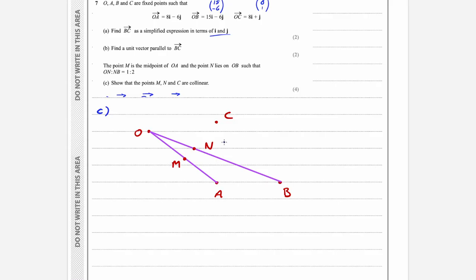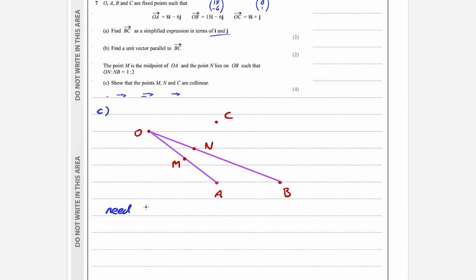Now, to show that they're collinear, guys, all I need to show is that MN and NC are parallel. If I can show that MN and NC are parallel, N is part of both vectors, then obviously they have to be collinear. So I'm actually going to write that, guys, because that explains to the examiner what I'm going to do.